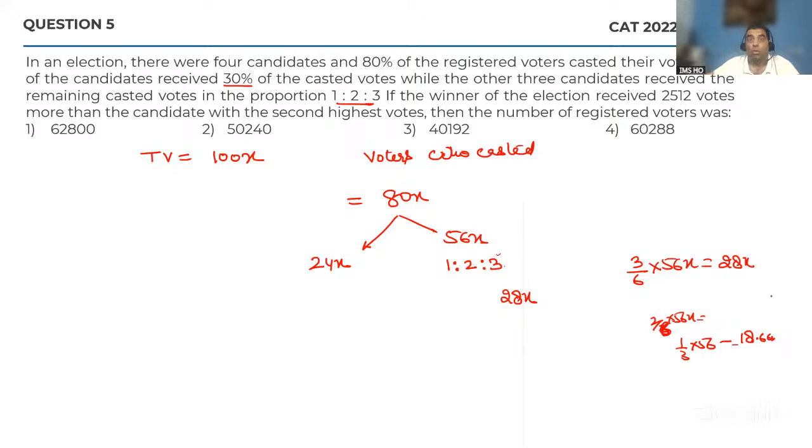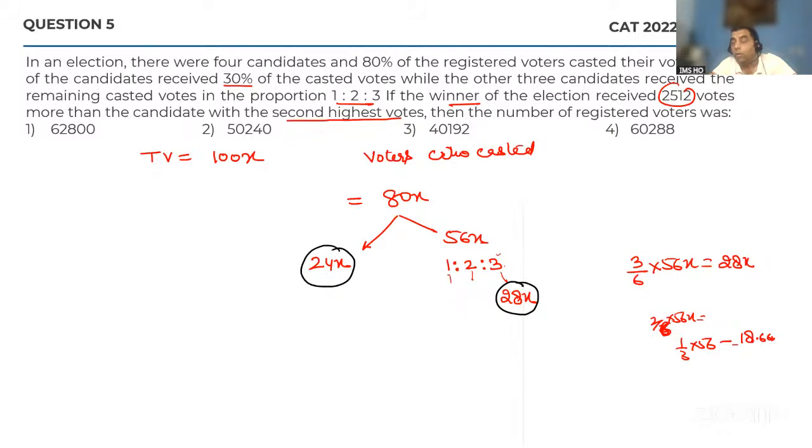You don't have to calculate that, just observe it, because they said the difference, this 2512, is between the candidate with the second highest and the winner. I know if this is 28x, the other value will certainly be less than that. So the winner is this person, and the second highest vote is this one. Just observe it.